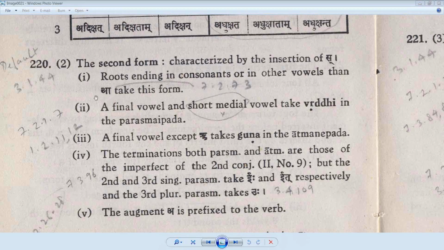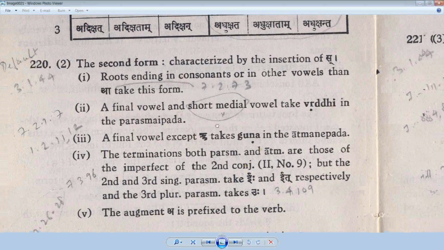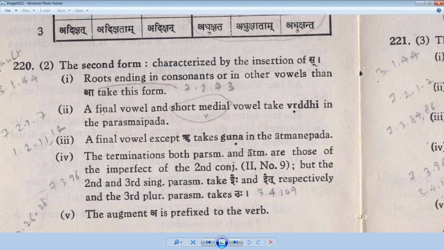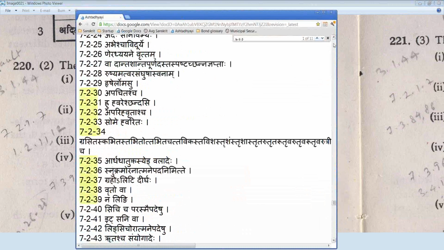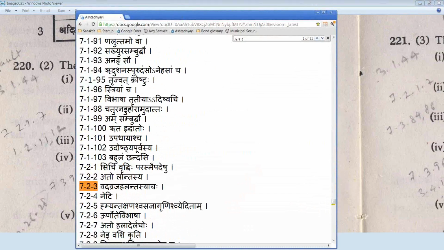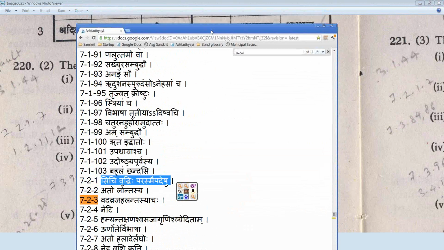Okay, now the final vowel takes vriddhi. This is of course 7-2-1, which we just saw. Sichi vriddhih parasmaipadeshu. Okay, so the iganta angam, we should say, takes vriddhi. And this is all parasmaipadeshu really. You should make a note of that also.